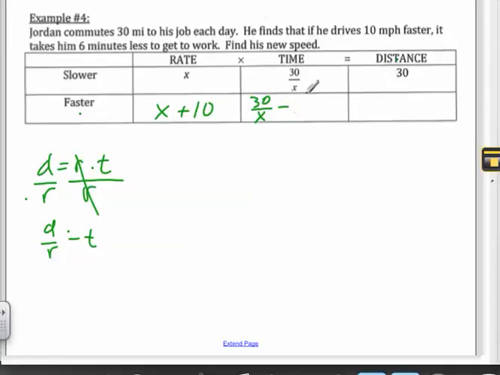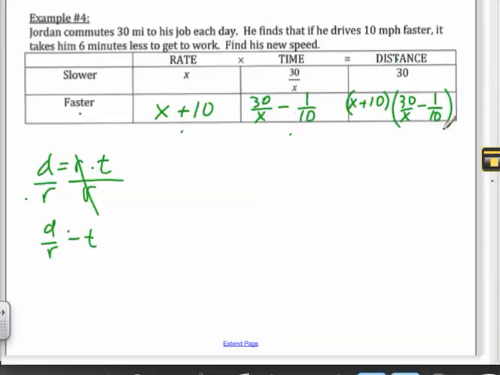It's a tenth. Now, his distance is this stuff times that stuff. So that means that x plus 10 times 30 over x minus 1 over 10 is the distance.